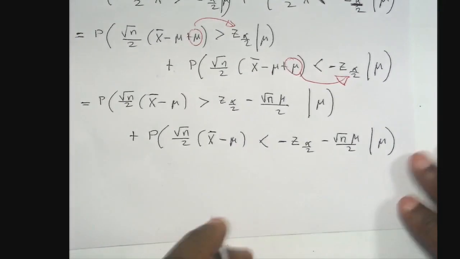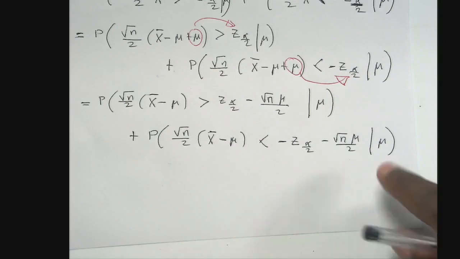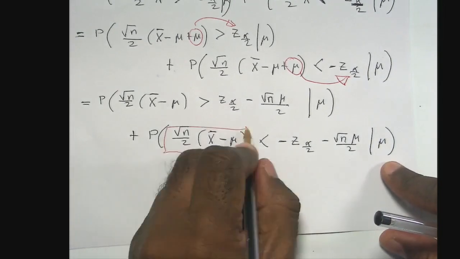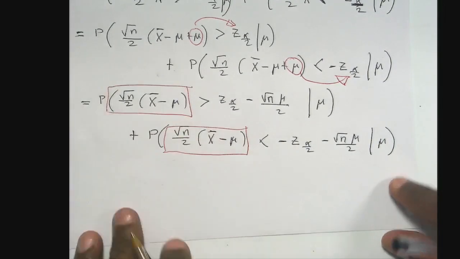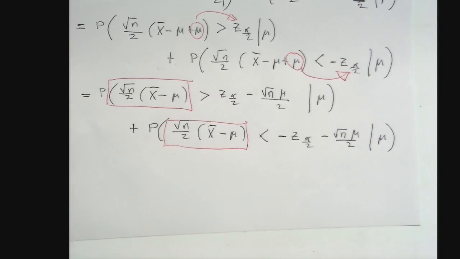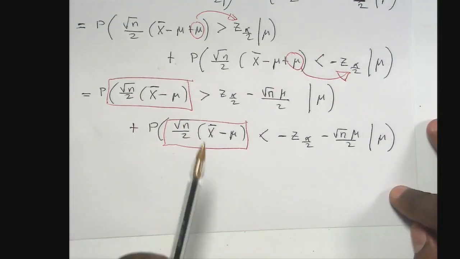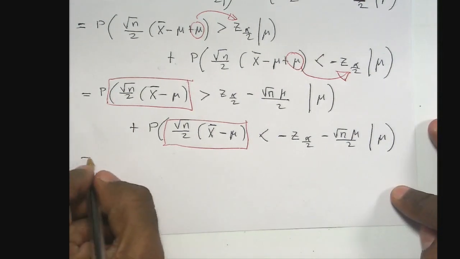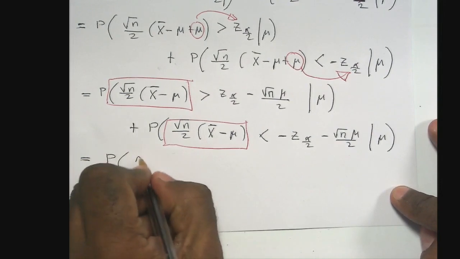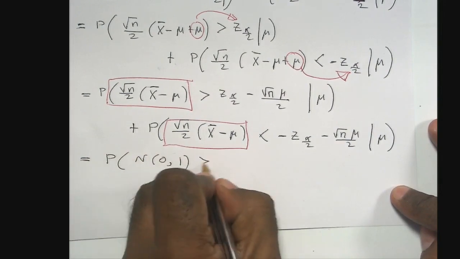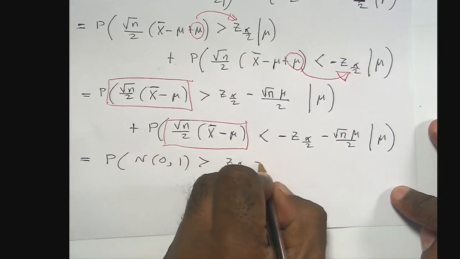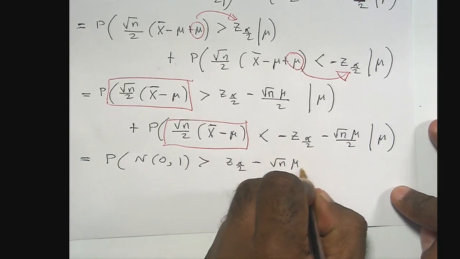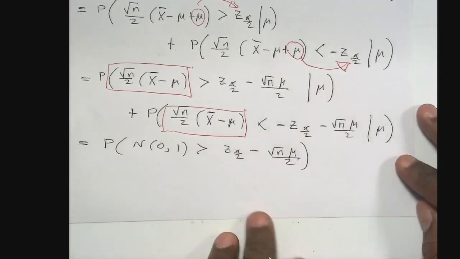So that will give you this. Now tell me, guys, what can you say about this guy and this guy? These two have the standard normal distribution, the same argument I applied already twice today. So this is the probability that N(0,1) is greater than, I can remove the conditioning.